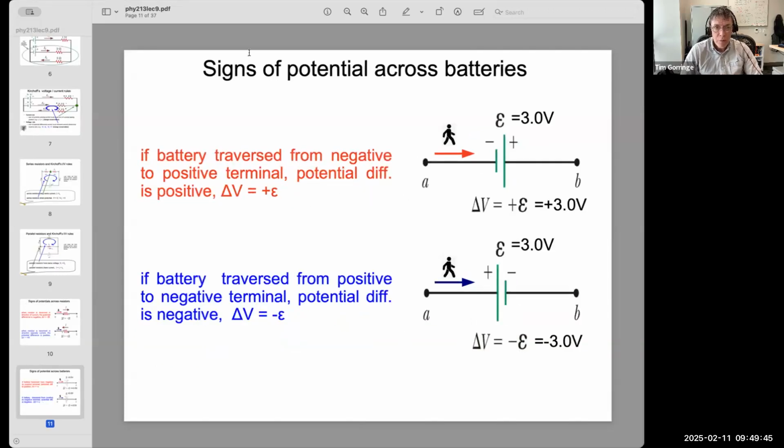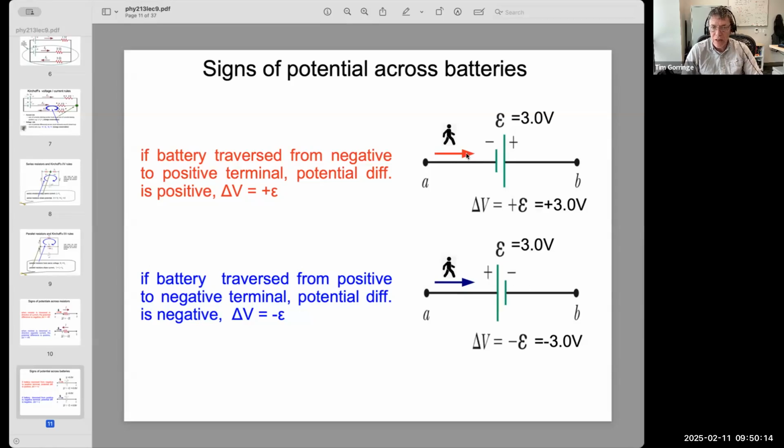Batteries. When we walk through circuits, we'll also walk through batteries, and we can walk from the positive terminal to the negative terminal or vice versa. This is probably a little bit more straightforward, a little bit more obvious. In the upper picture here I am walking again from left to right through a circuit, and this time I'm crossing a battery. Downstairs, I'm also walking from left to right, crossing another battery.